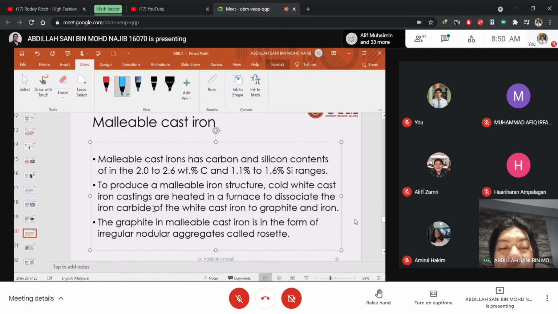So the carbon from the iron carbide gets together and forms graphite, and the remaining will be iron. The graphite in malleable cast iron is in the form of irregular nodular aggregates called rosettes.